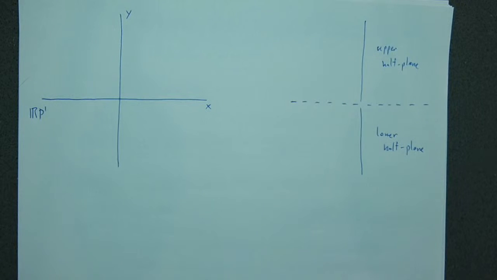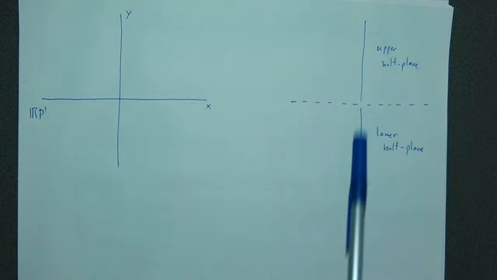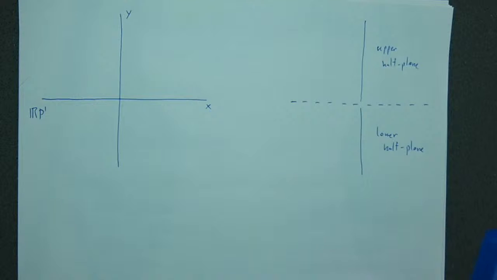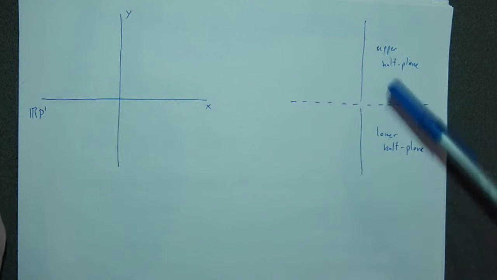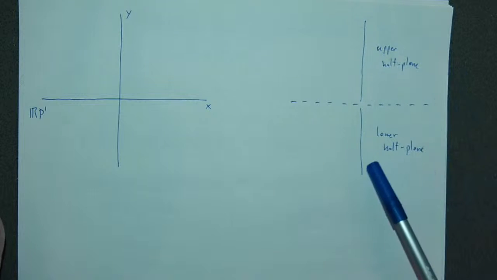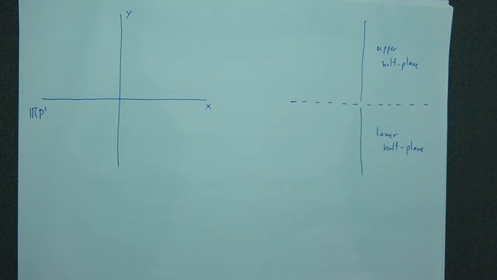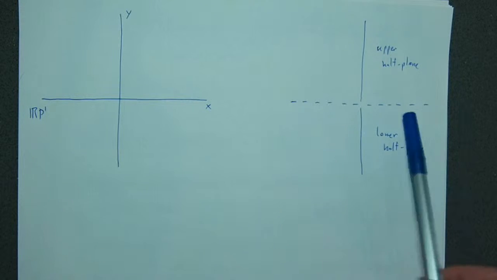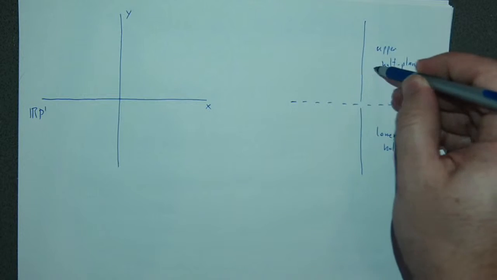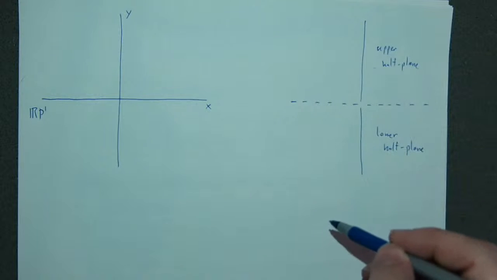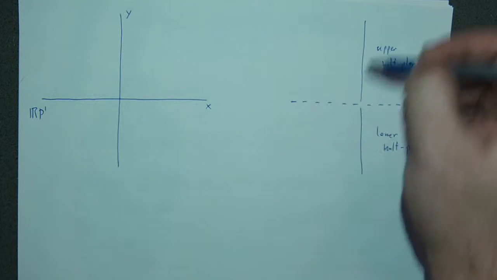And so, looking at this, RP1 is certainly a boundary for these, but I want to pick one. Why? I want to pick one because when it comes to defining the transformations that I'm going to talk about, I don't want them to mix the half planes. So I don't want a transformation to send a point in the upper half plane to the lower half plane, and vice versa. Now, why wouldn't I want that geometrically? Well, geometrically, this boundary in this way is something that can't be crossed, and so points that would end up mixed between would be points that could not be gotten to.